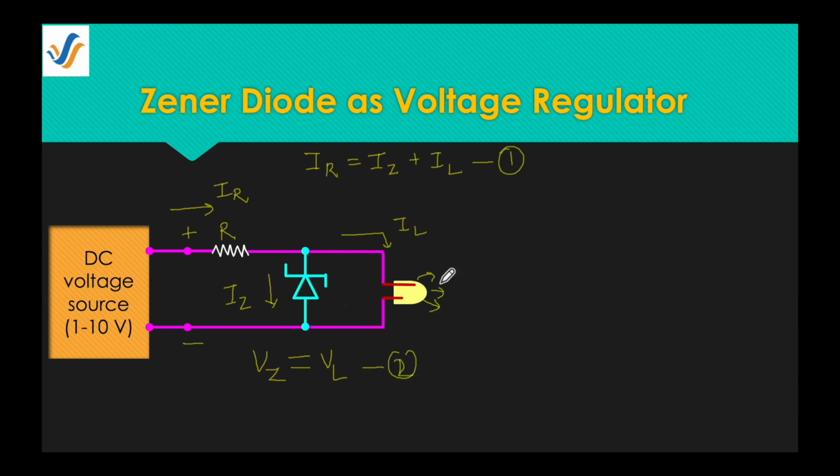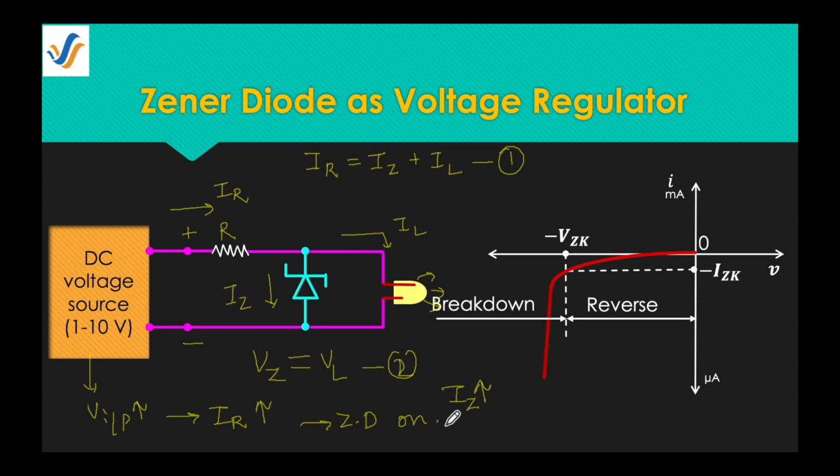When the input voltage increases, which leads to an increase in the current through this resistance, then the Zener diode becomes active and it will draw maximum current. So the Zener current, that is IZ, will also increase. Here recall the Zener diode IV characteristics.